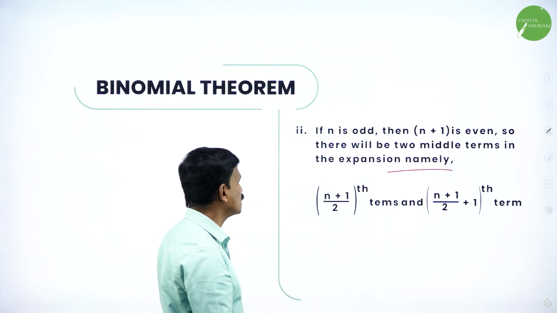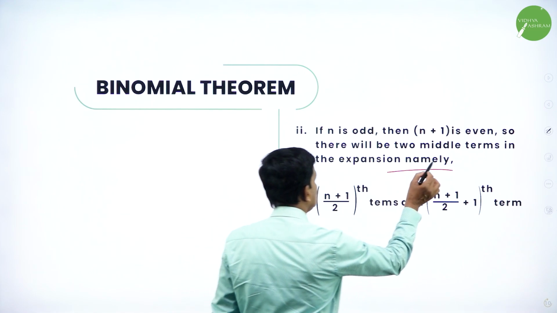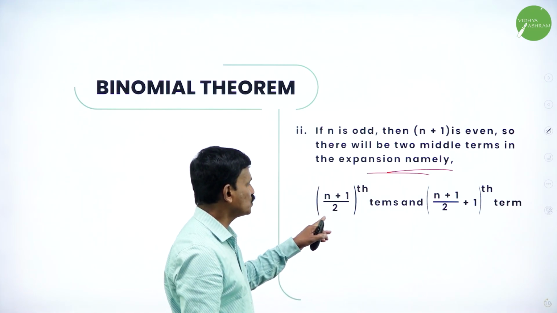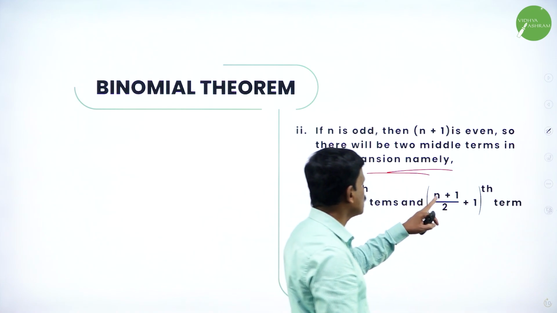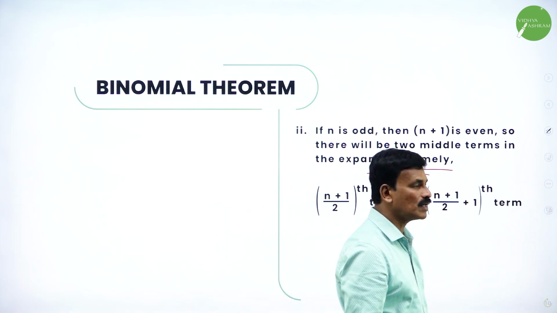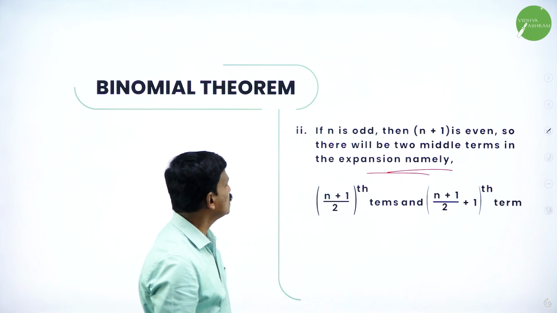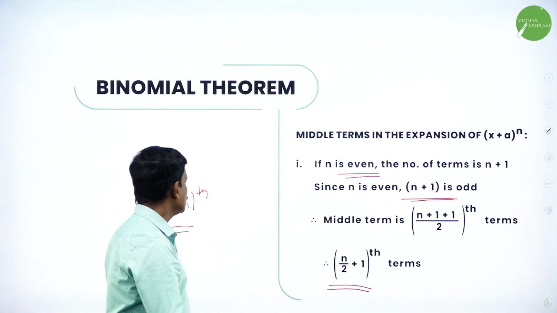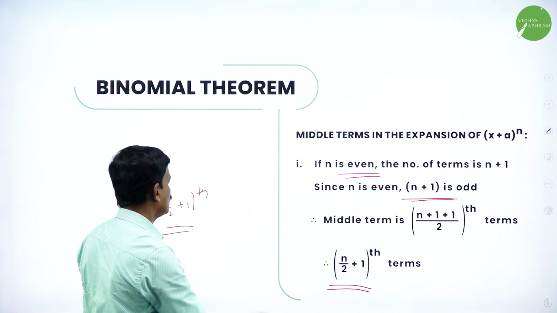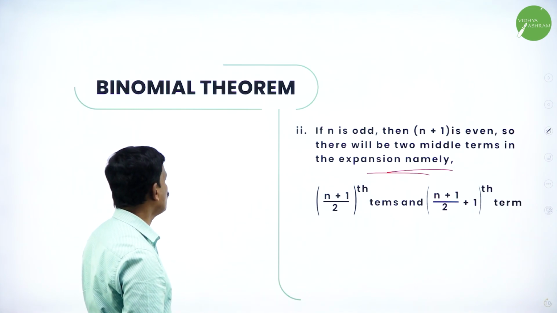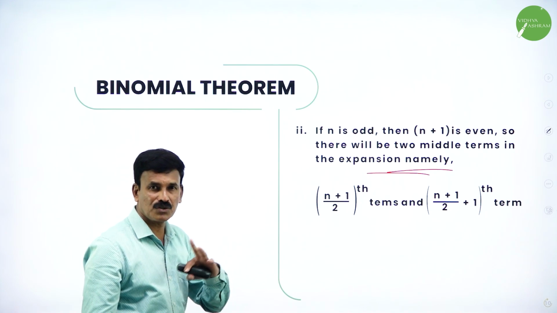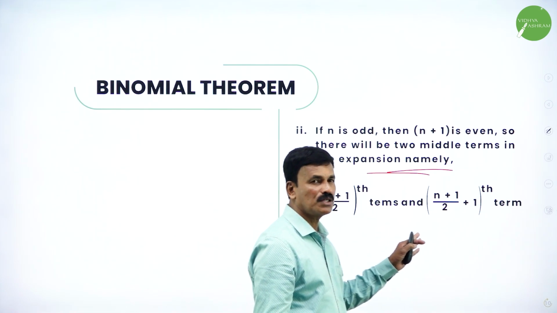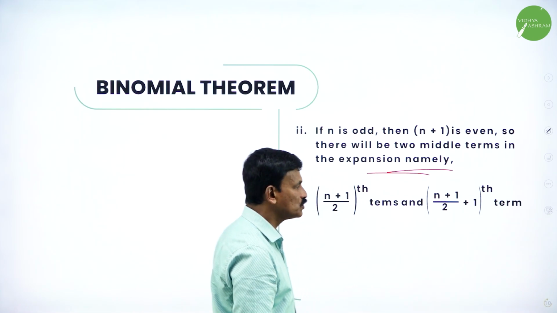That means if n is even, we get the (n/2 + 1)th term. If n is odd, then we get 2 middle terms, the ((n + 1)/2)th and the ((n + 1)/2 + 1)th term.